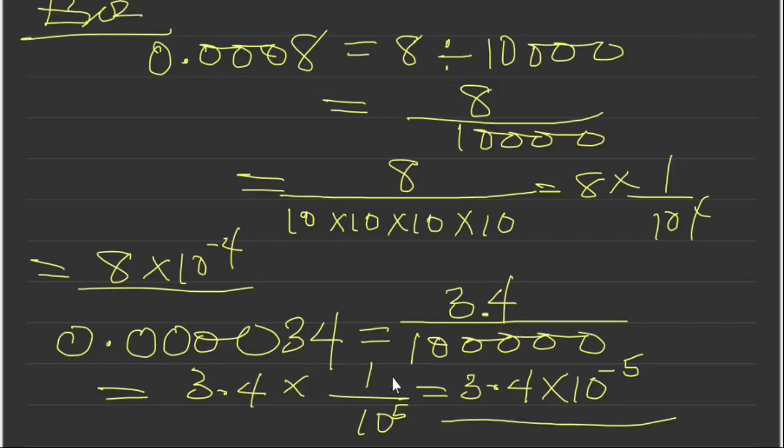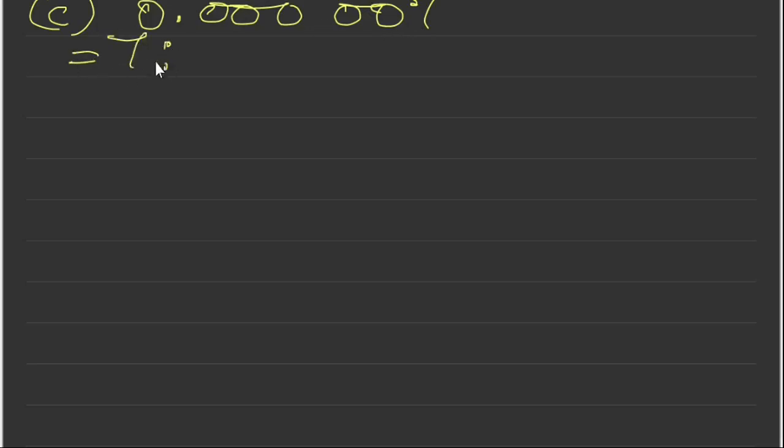So let's also have another meaningful example before you do the classwork. Let's say we have 0.0000007. So you don't need to waste much of your time. You just say 7 divided by, this point is 1.